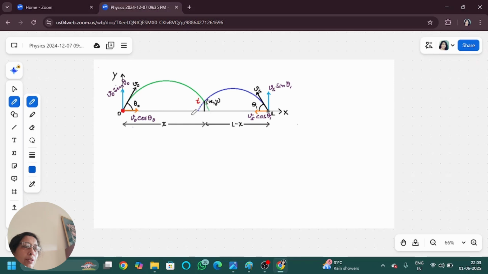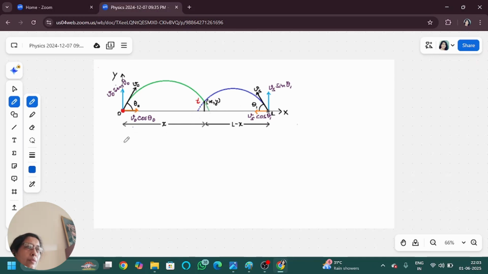Suppose the collision takes place after time small t. By that time the horizontal distance traveled by the ball is x, as the coordinates of the point of collision I have taken are x and y, and the horizontal distance traveled by the stone is L minus x.